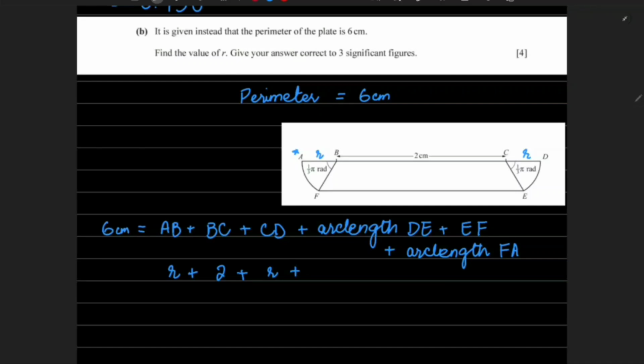How can we find R? What is arc length? Arc length is R theta. We know theta to be pi by 3. So r pi over 3 plus EF. What would be EF length? EF, we said previously, is comprising of 3 lengths.